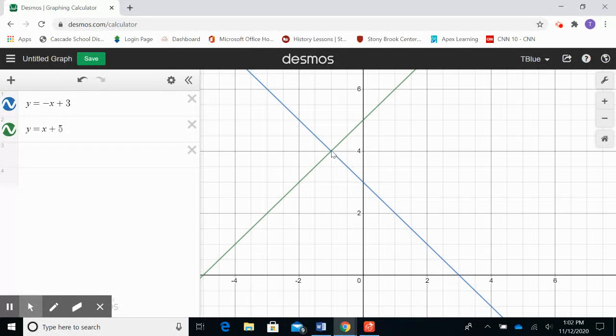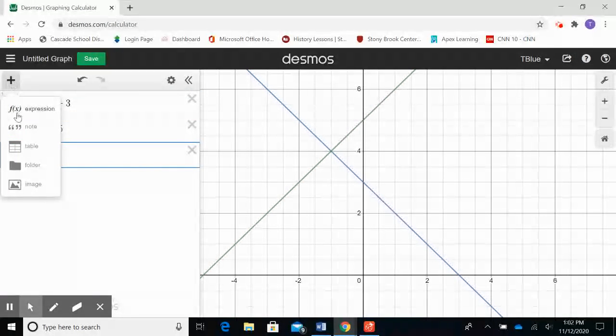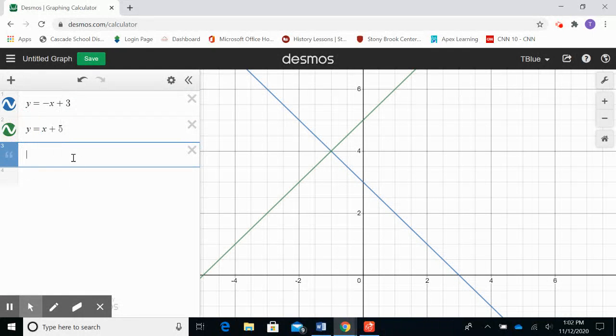They cross right here, and that point is negative 1, 4. That's what we got in our notebook. We got negative 1, 4. Here in Desmos, I'm going to start to keep my checks. So here's my check, so keep that.